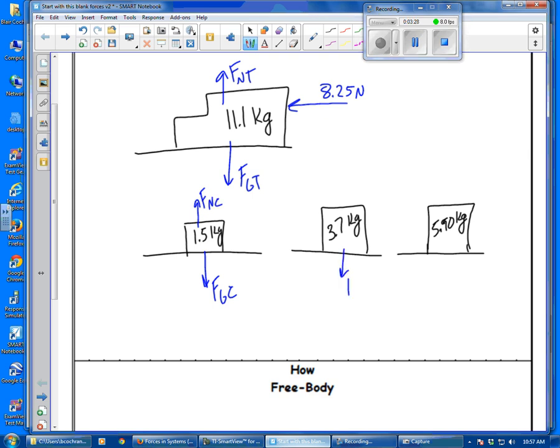Each of these will have their weights down, right? And this one's being pushed with 8.25 newtons.